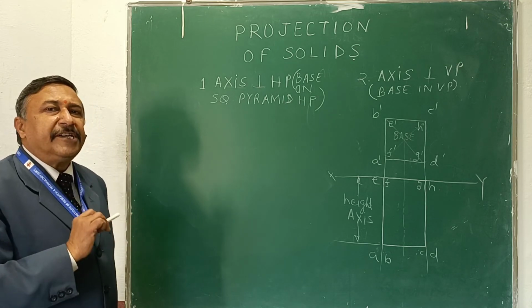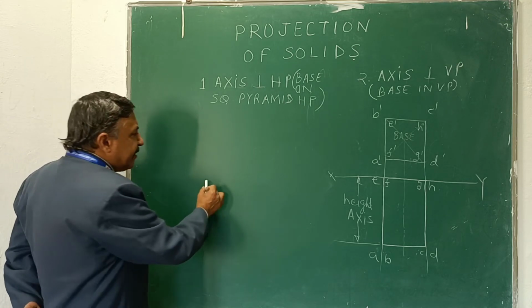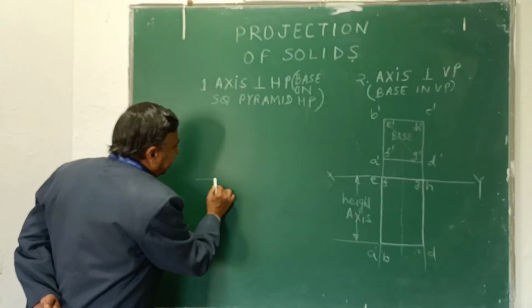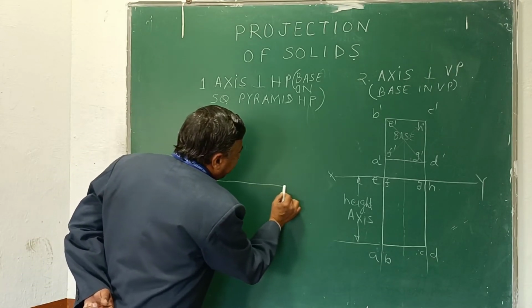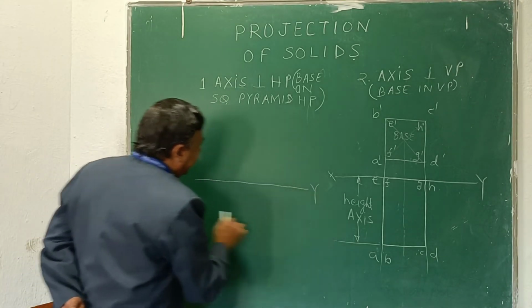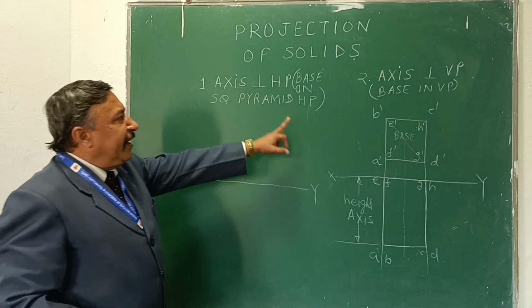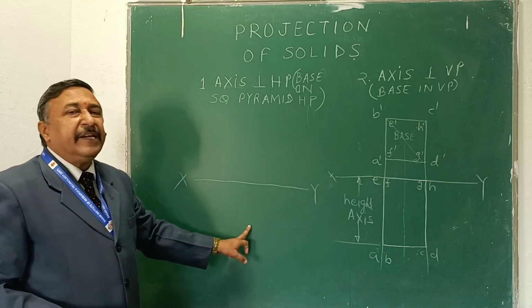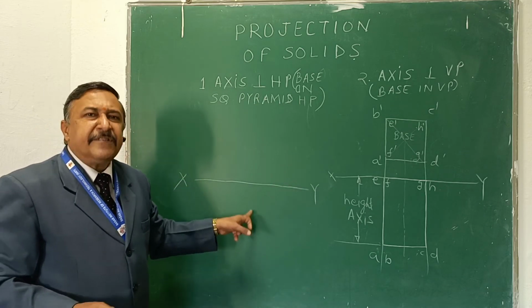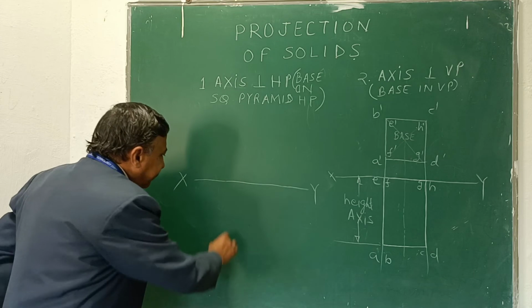How we draw the projection of pyramid. Same thing. You know that base on HP means axis perpendicular to HP and base comes in top view. So first we have to draw top view.